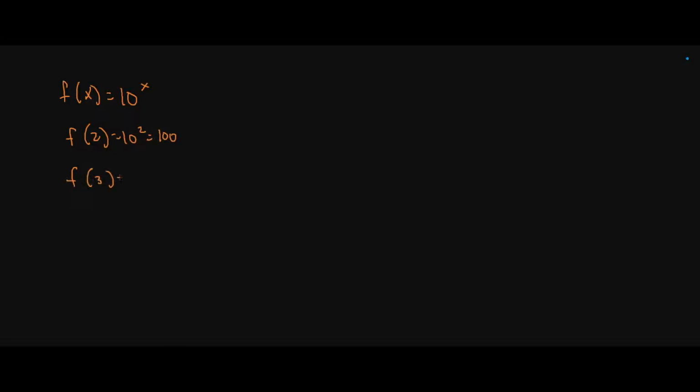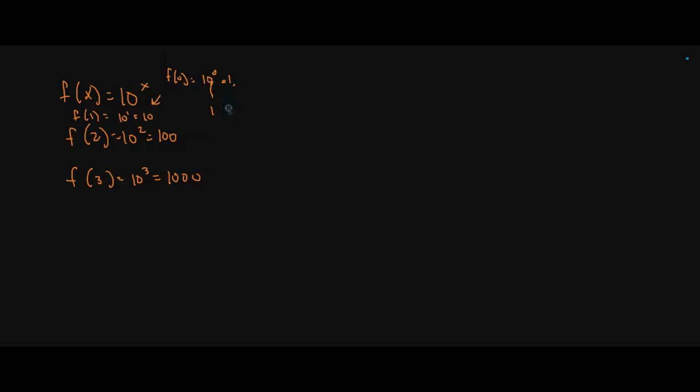Let's plug in 3. 10 to the third is going to give me 1,000. And 10 to the 1 power is 10. And last but not least, let's plug in 0. 10 to the 0 is 1.